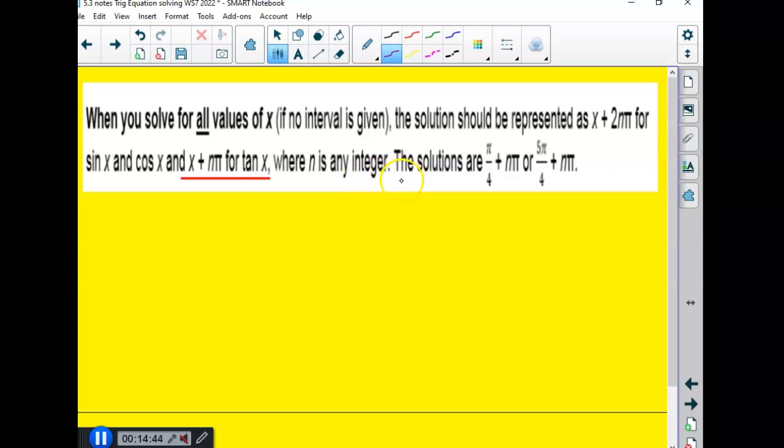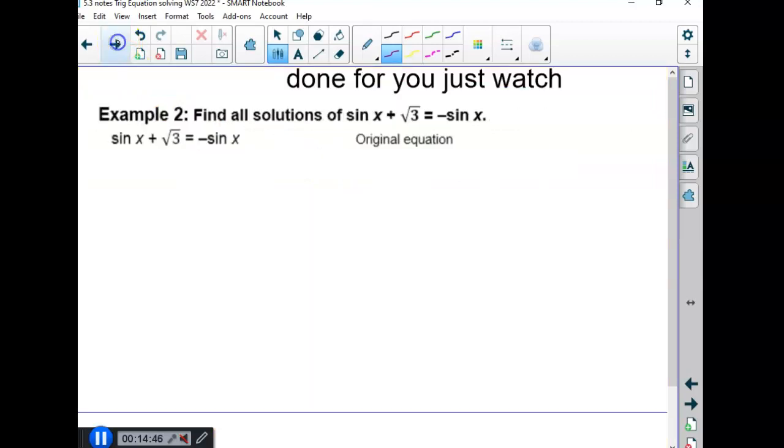Okay? This one is also already done for you, is that true? Help me isolate sine here. Okay, if you saw x plus 5 equals negative x, what would you do first?